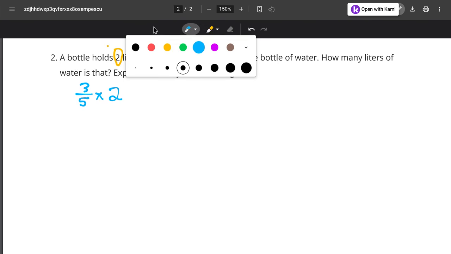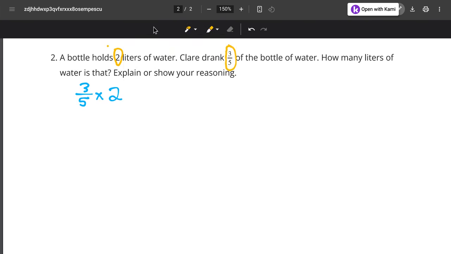Now, the same pattern that we have found to be true is going to help us here, where we can multiply our numerator times our whole number. And when I do that, I'm going to arrive at an answer of 3 times 2, which is 6. And my denominator is going to stay the same. She drank 6/5 liters. Now, we need to explain our reasoning, so we can go ahead and say that here.